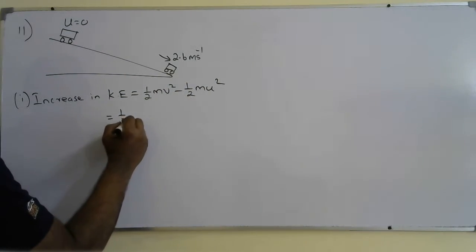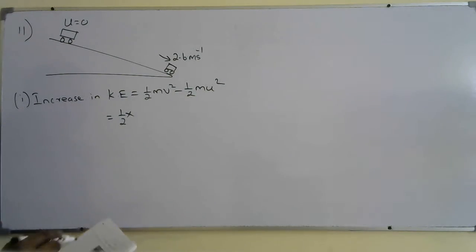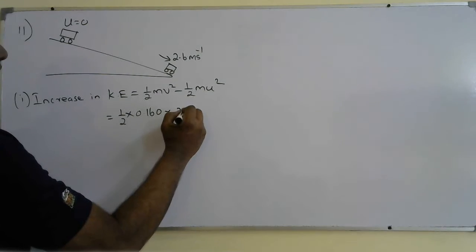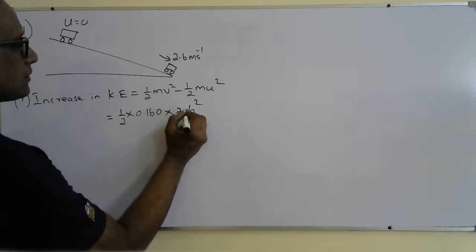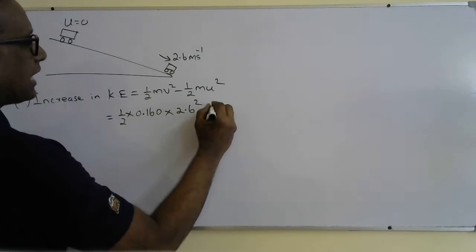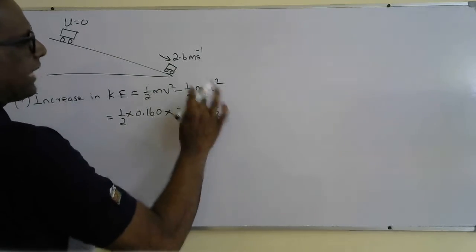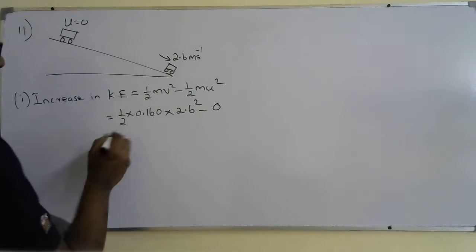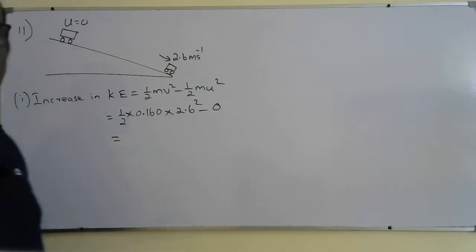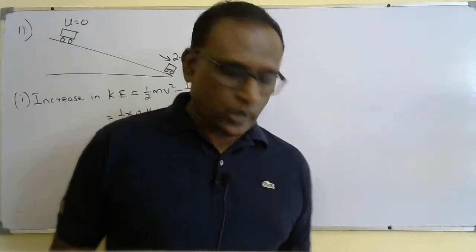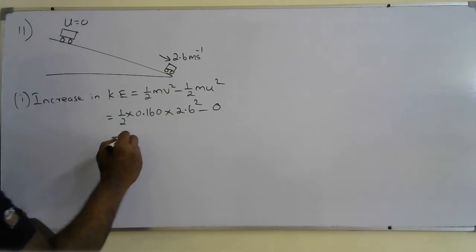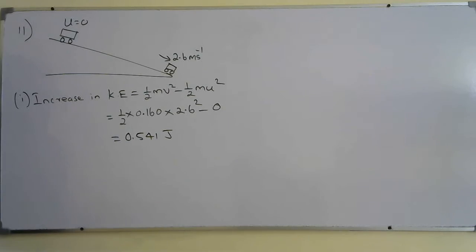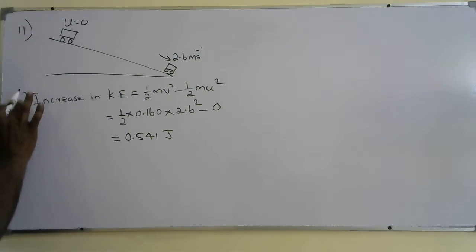So half, the mass is given as 0.16, into 2.6 squared, minus half. I don't need to calculate the initial term because the initial speed is 0, so the initial kinetic energy is 0. It was released from rest. So when you solve it, you'll get 0.541 joule. That's the answer for part A.